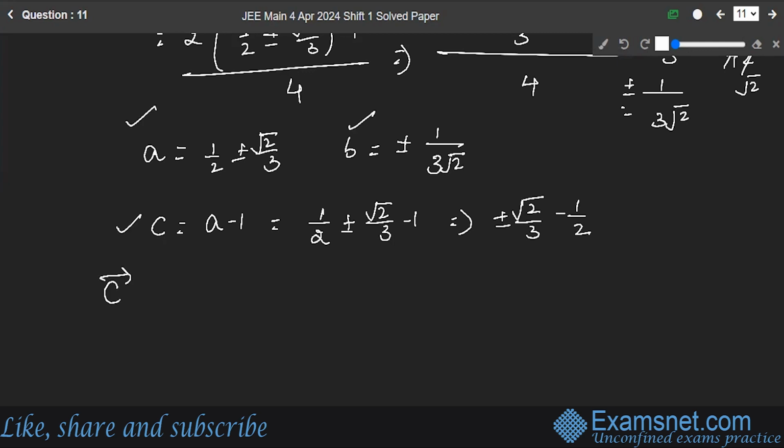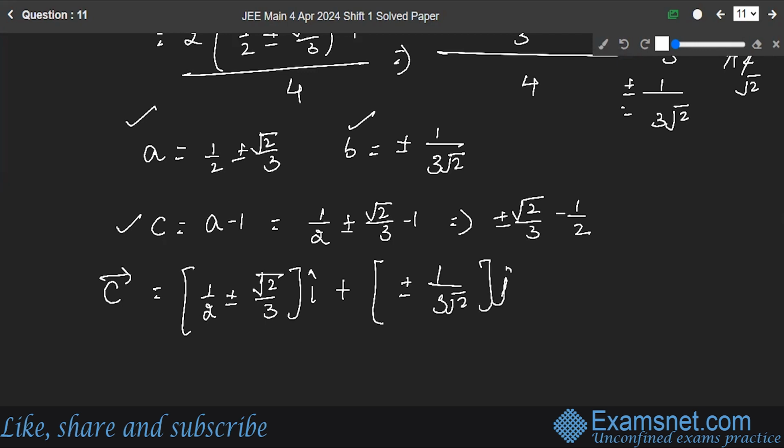So that means now my C vector is ready. This is my C vector, which is equal to 1 by 2 plus minus root 2 upon 3 I plus minus 1 upon this J, and here you will have minus 1 plus minus root 2 upon 3 K. Let's add this vector.